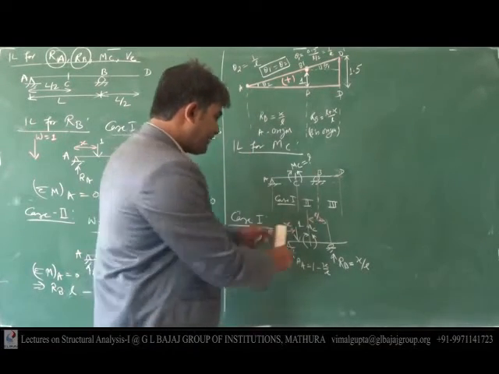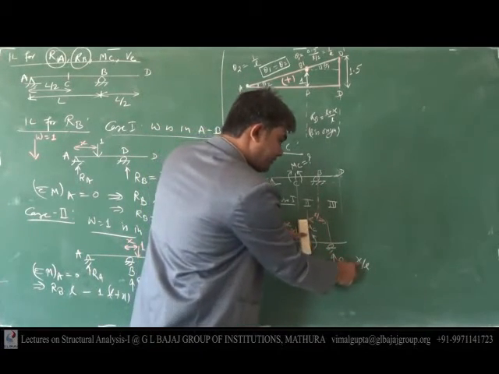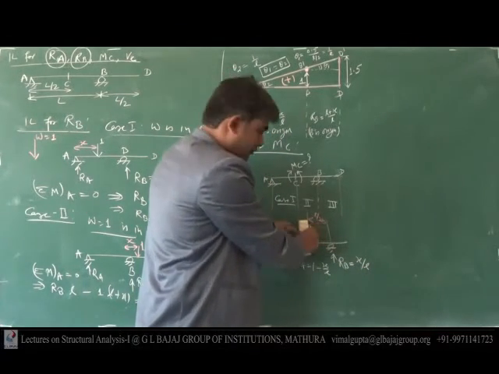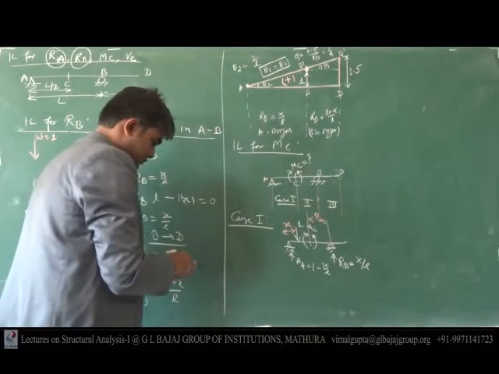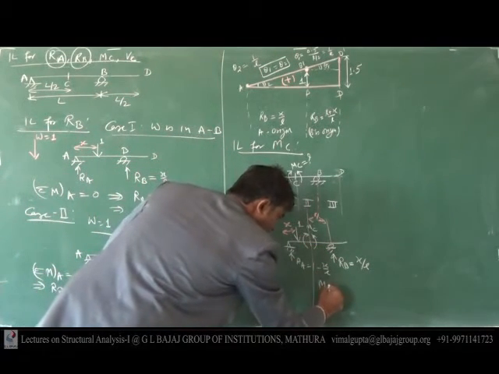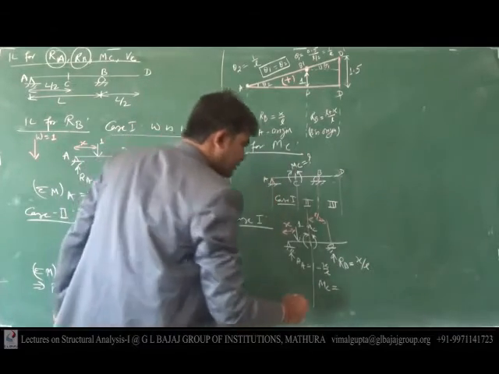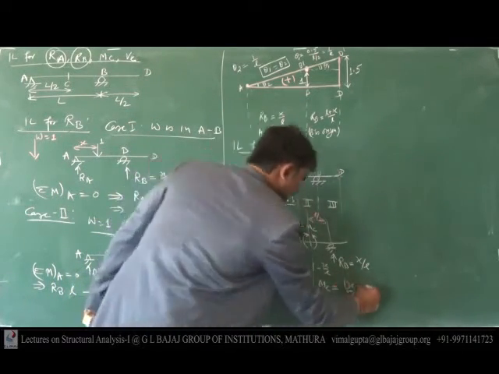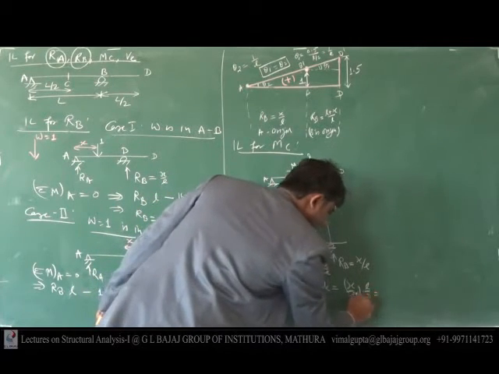So we get X by L multiplied by L by 2. Considering this one part, the value of MC is X by L multiplied by L by 2. Means what? L and L cancel out.